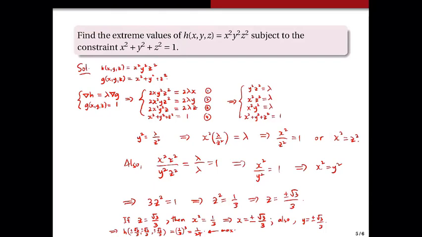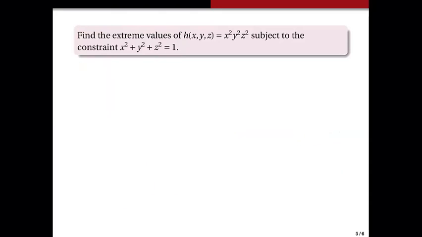Now let me go to the next page. So if x equals 0, y equals 0, and z equals plus or minus 1, then your h will be equal to 0.